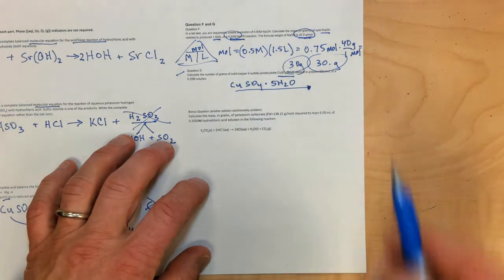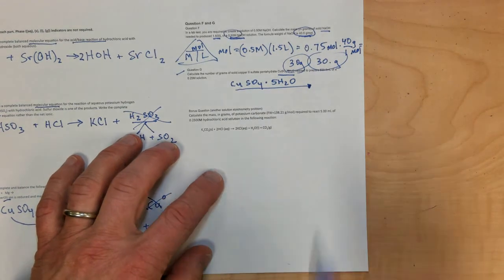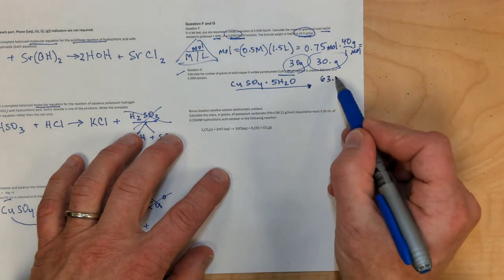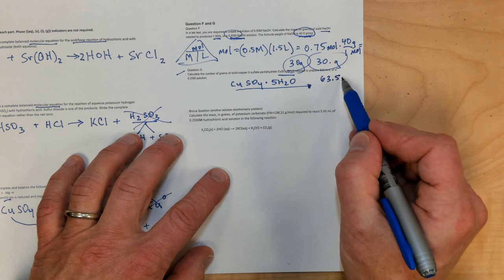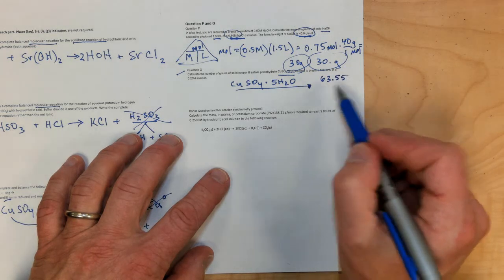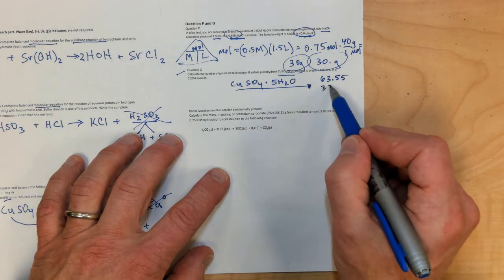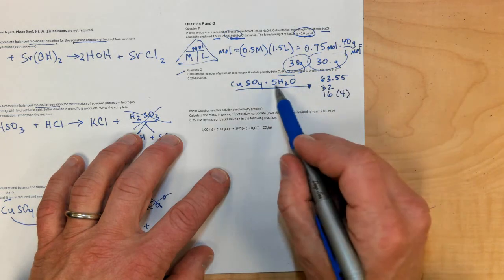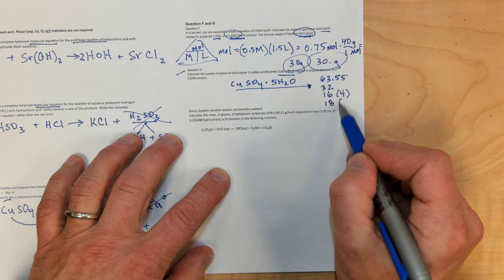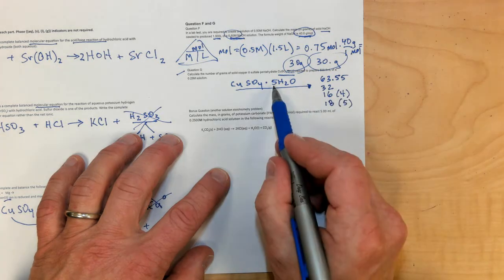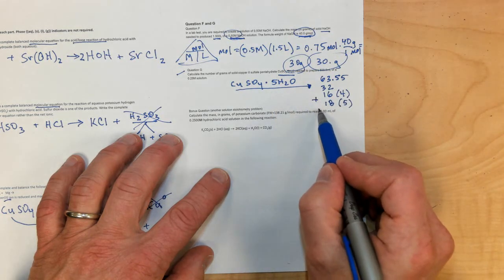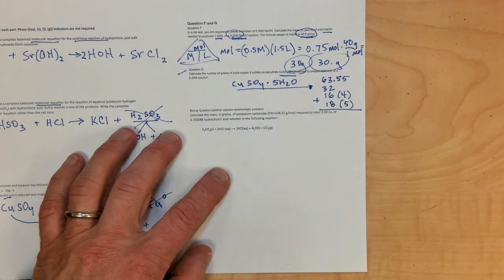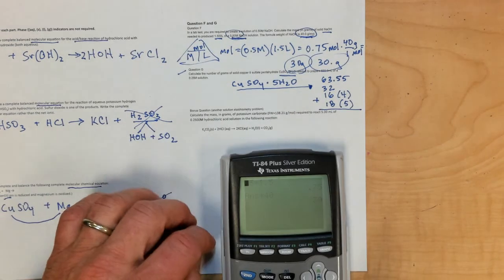So adding it up on the periodic table, copper is 63.54. I'm going to round it to 63.55. Sulfur is 32. Oxygen is 16 times 4. Water is 18, and I need to multiply that by 5 because there's 5 of them right here. We need to add all of that together to get our molar mass of the copper sulfate.